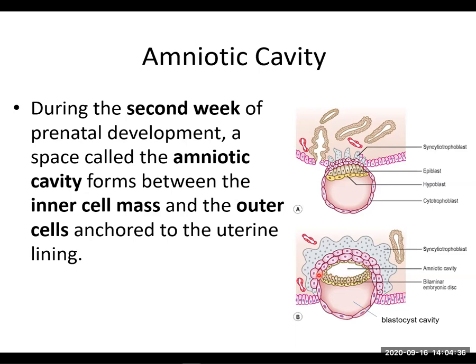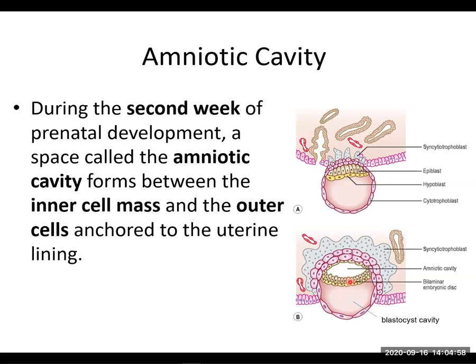These inner cell mass cells are the ones to develop into a baby. This inner cell mass now has a bilaminar embryonic disc, meaning that it has two layers.